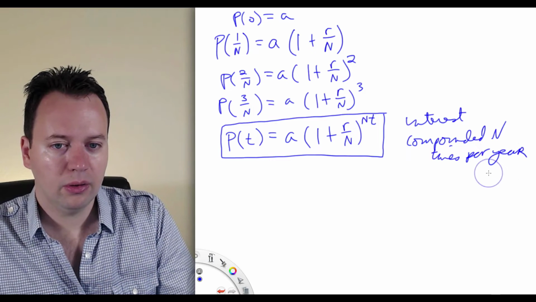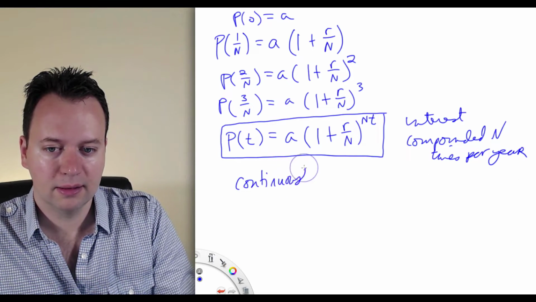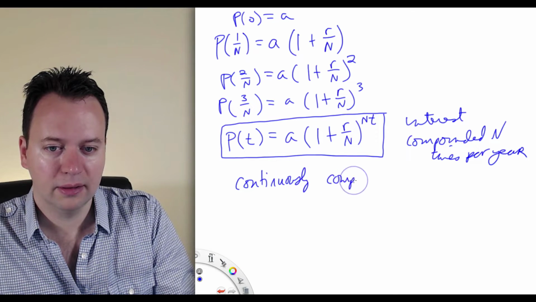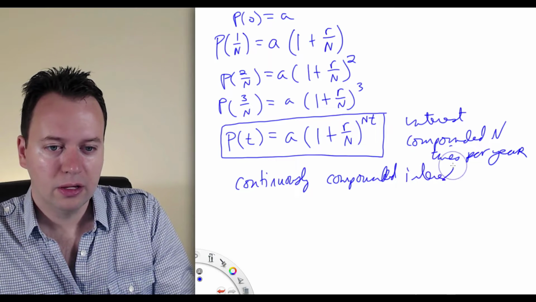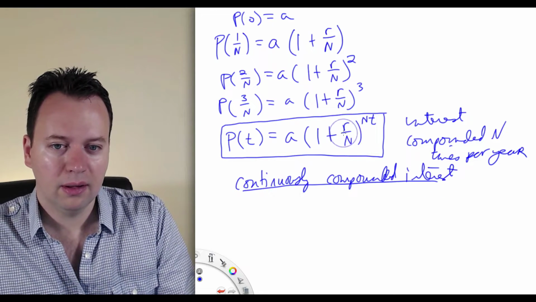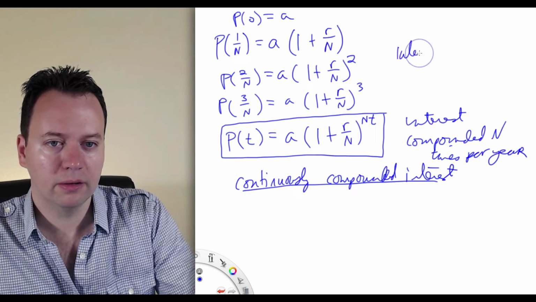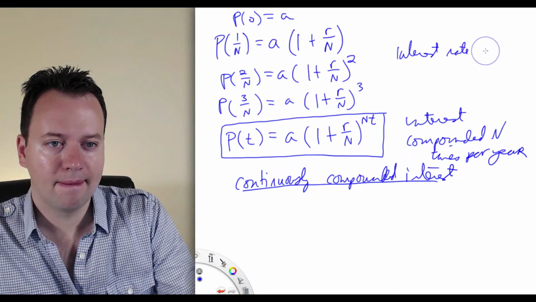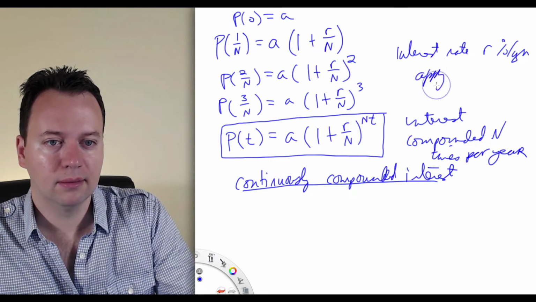Now, the next question is, what about something called continuously compounded interest? What happens if we take this interest rate of r percent per year and apply it continuously?